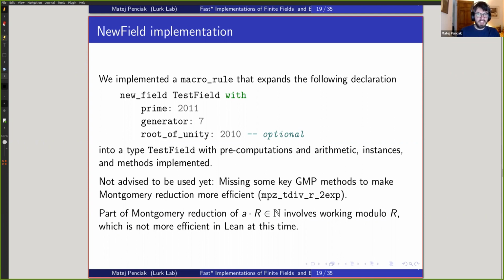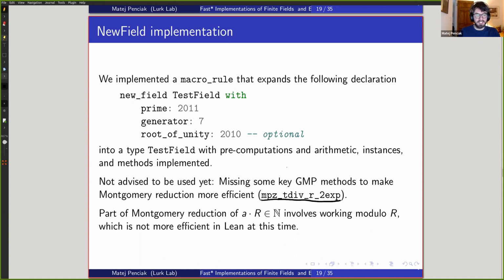The reason is, if you're taking reduction modulo 2 to the R in Lean, there is no performance benefit over taking reduction modulo P. That's because there is no special reduction modulo some power of 2 in Lean yet, because it all depends on this additional GMP method that hasn't been exposed in the runtime for Lean's Nats.